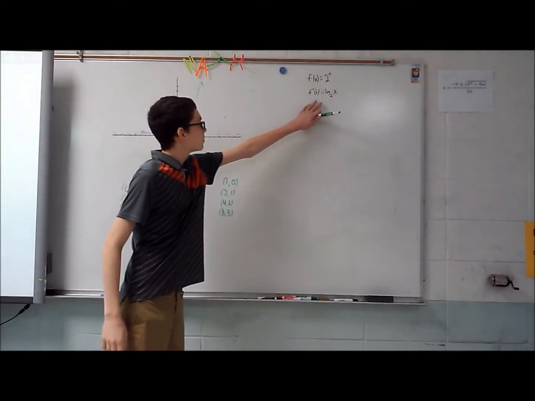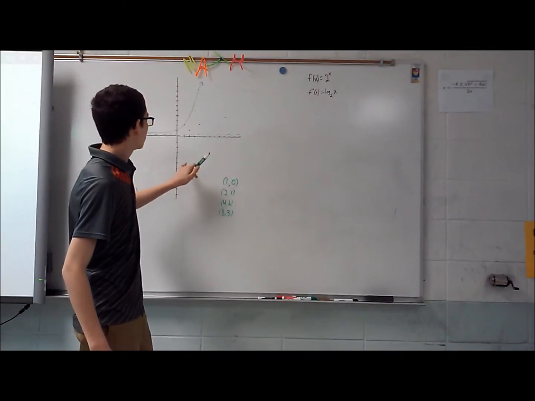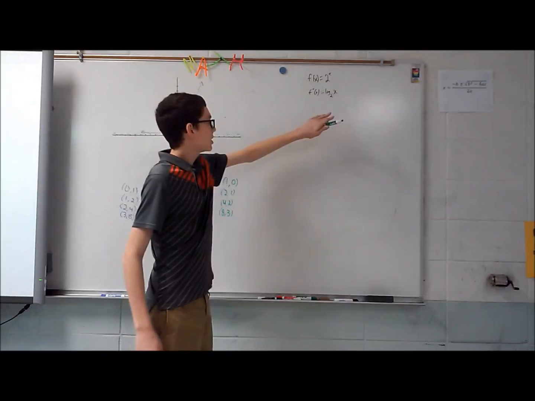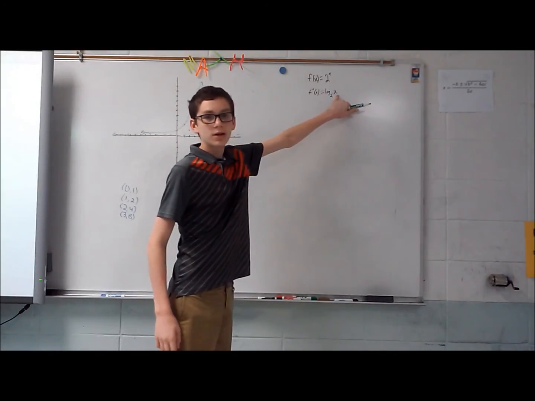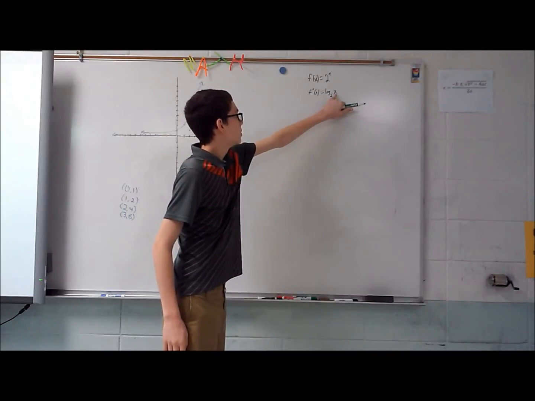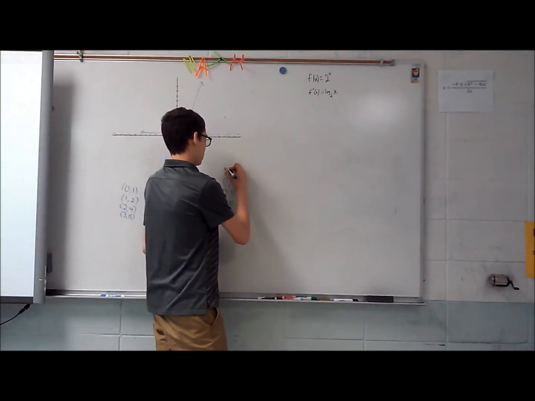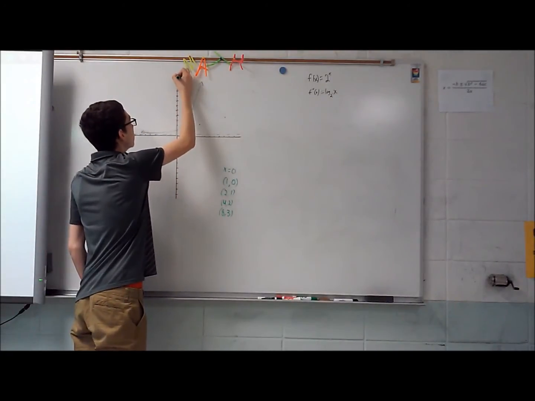Now we know that there has to be an asymptote on this graph. And that asymptote is going to be at x equals 0 because, knowing the definition of a logarithm, we know that the x value cannot be less than or equal to 0. So x cannot be 0, so the asymptote is at x equals 0.